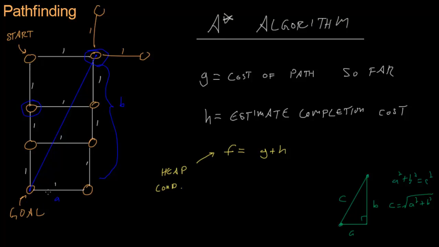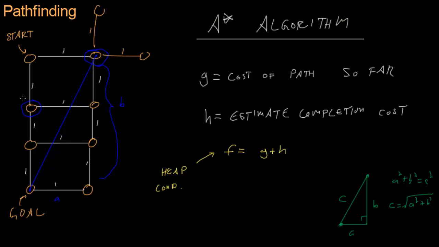So let's just continue there and pretend that we're using Dijkstra's algorithm. I'm sorry, we're using A* here. A* starts out just like Dijkstra's algorithm does, by looking at both of its neighbors. But now it will calculate g and h.